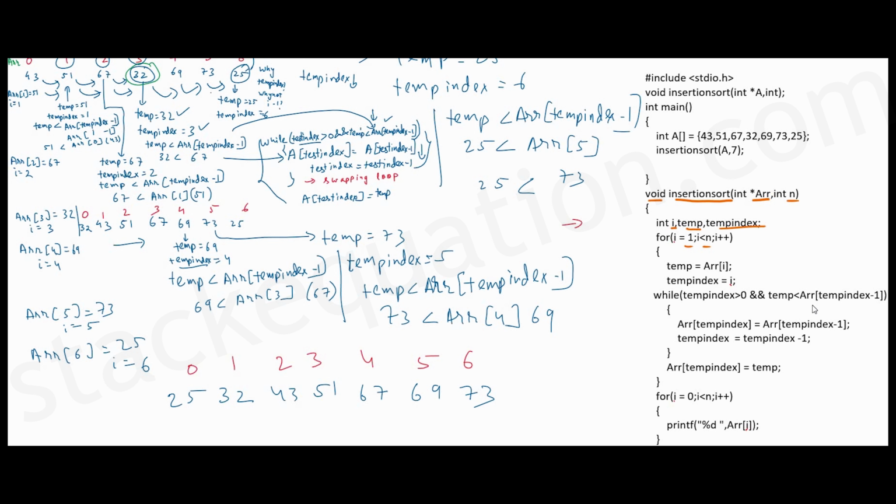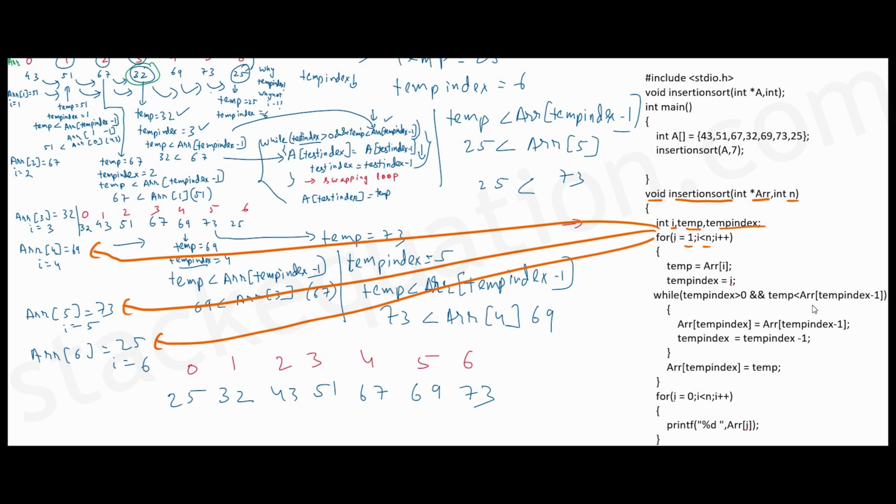So this is the master loop which traverses through all the elements one by one, and at each iteration we store the value in temporary and temporary index, and then we check whether the temporary value is smaller than its previous value.